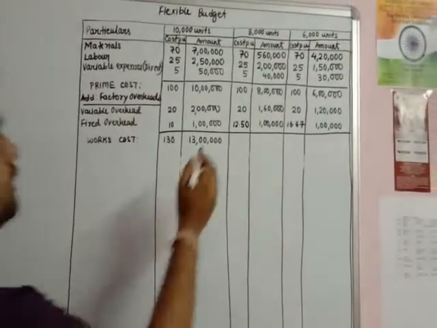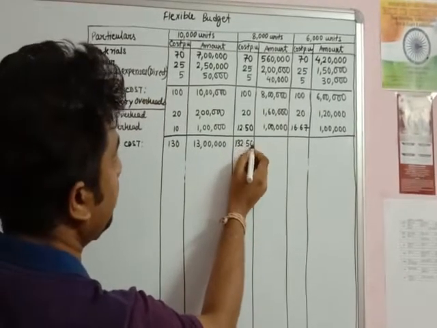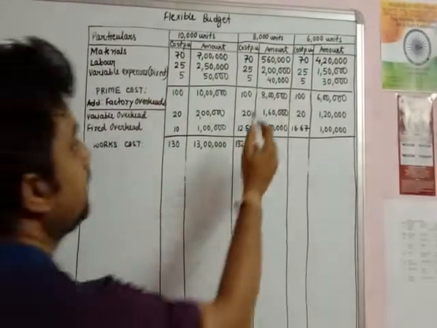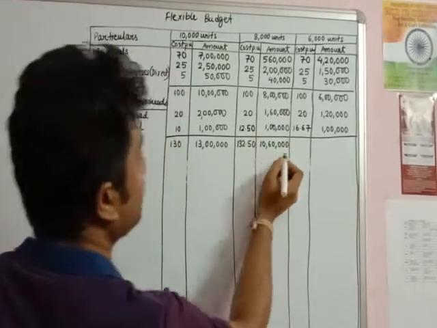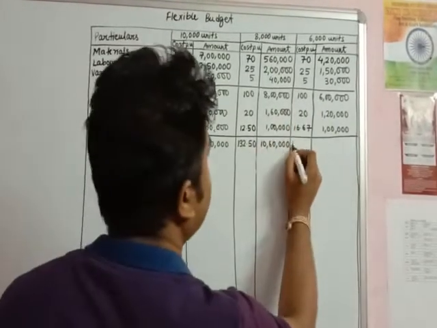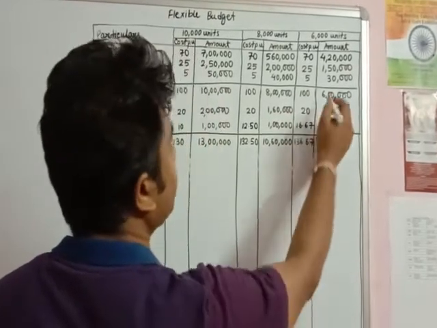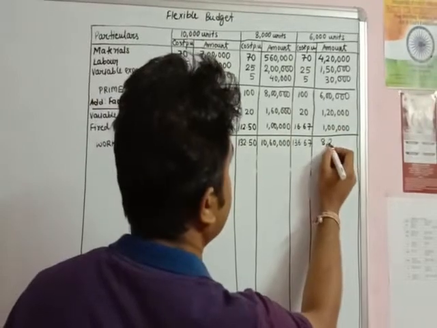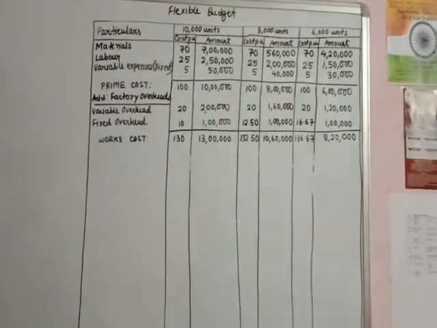Now here how much do you get? 132.50. Now if we add, it is 10 lakh 60,000. Now here it is 136.67. Here it is 8 lakh 20,000. So this is the works cost.